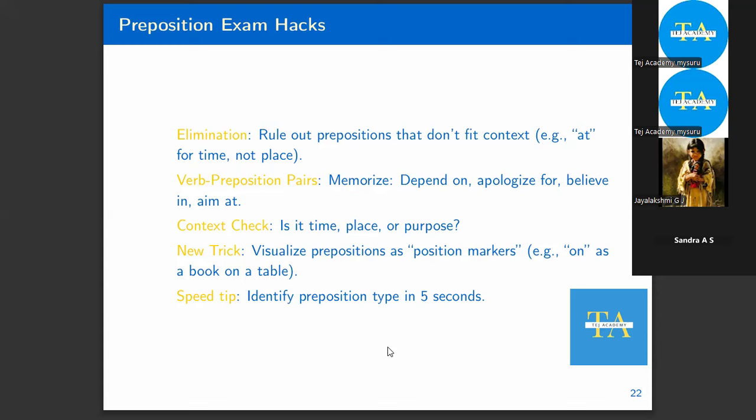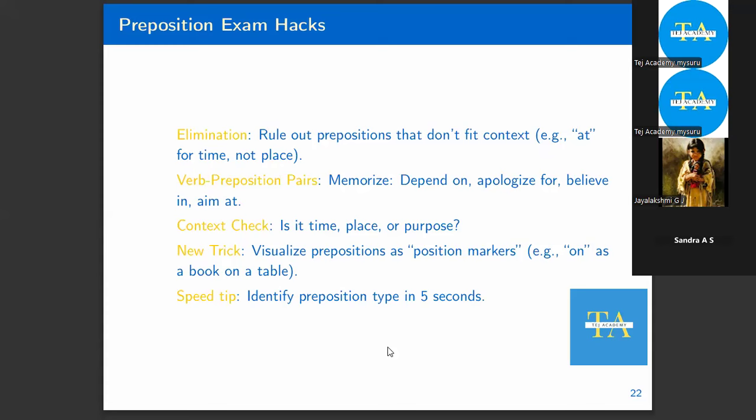Example: "on", as in a book on the table. "In" means inside something, or it speaks about a location or specific spot. So it speaks about the place. Visualizing them, of course, will help you.